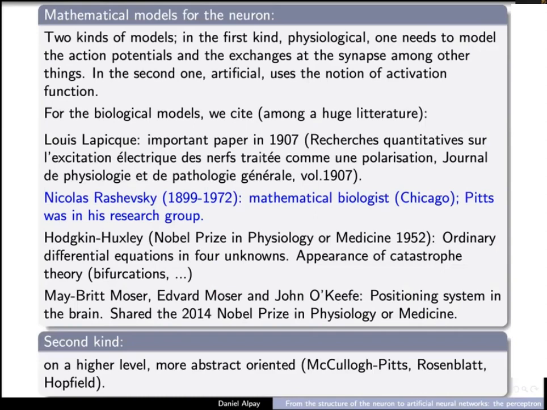What is interesting is that he wrote papers with his wife, and in the paper it was explicitly written that it was joint work with equal collaboration. Then Nicolas Rashevsky, a mathematical biologist in Chicago, and I mention him because Pitts, an important character in the talk, will be mentioned in the sequel.